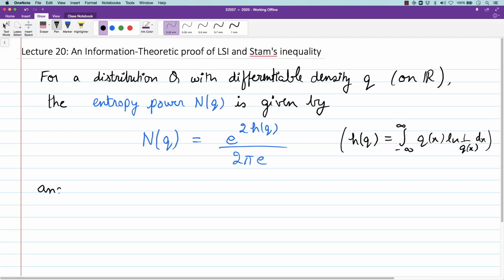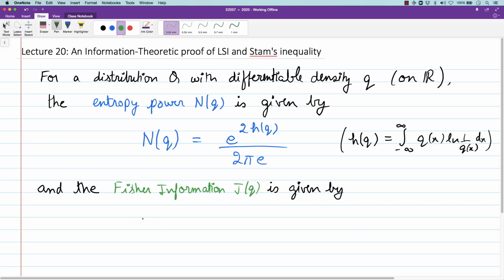And the Fisher information J(Q) is given by the following.